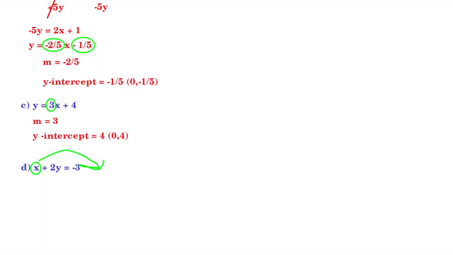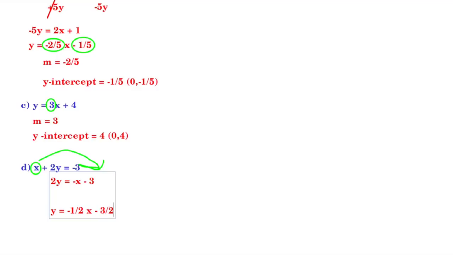If it jumps to the other side, it's going to be negative. So you're having 2y equals negative x minus 3. Dividing each term by 2, you get that y is now equal to negative 1 on 2 x minus 3 on 2.